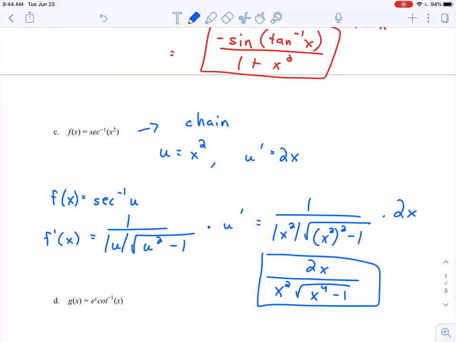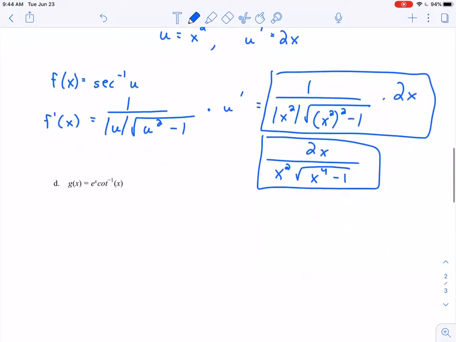So you may see your answer written like this. Again, if you were to give me this as your answer, I would be fine with that if you just left it right there. But if you're trying to simplify or trying to see if you got the correct answer, especially if you're using outside resources, you may see some textbooks simplify the derivative quite a bit.